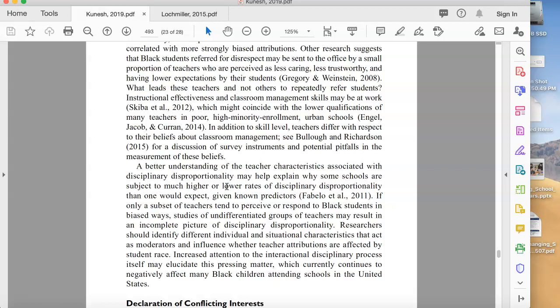Make sure you're always looking for the problem, the purpose and/or research questions, and the existing literature. So what do we already know before this study? How does this author approach this topic in a new way?